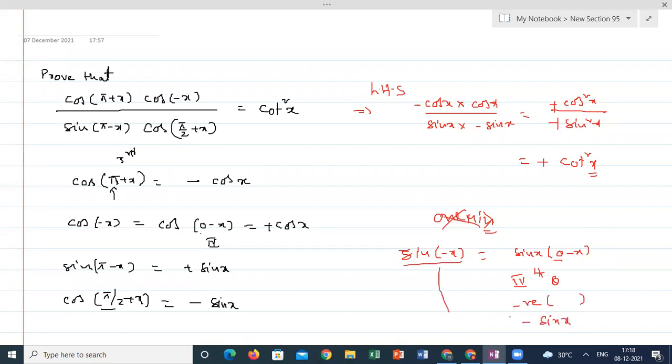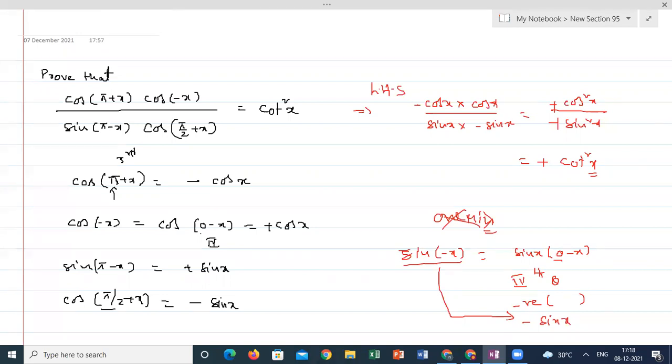We are not violating the rules for any ratio or any quadrant. Identifying the quadrant will decide the sign. And whether it is 0, pi or 2 pi will decide the same ratio, while with pi by 2 or 3 pi by 2 the complementary ratio will come. Got it what I'm saying?